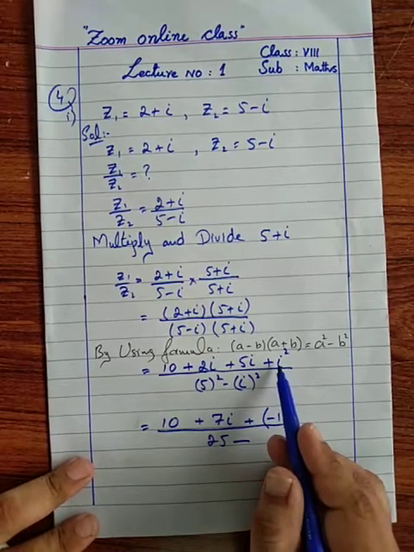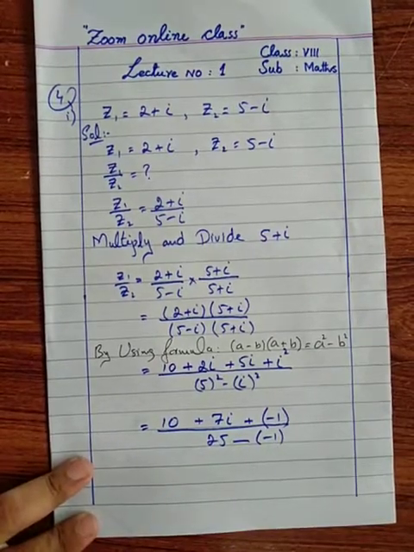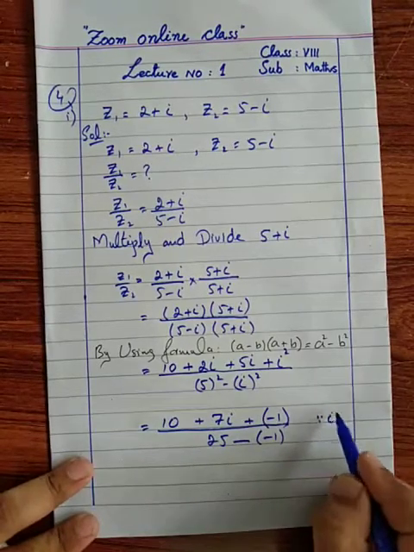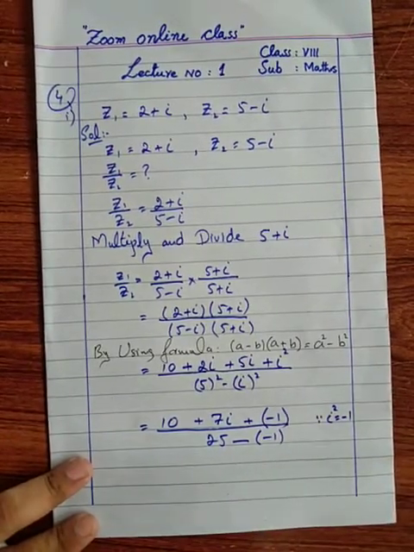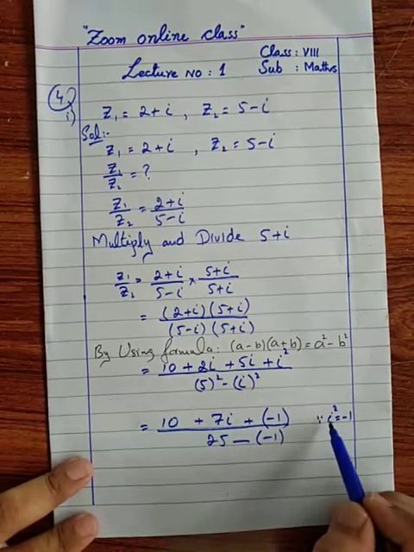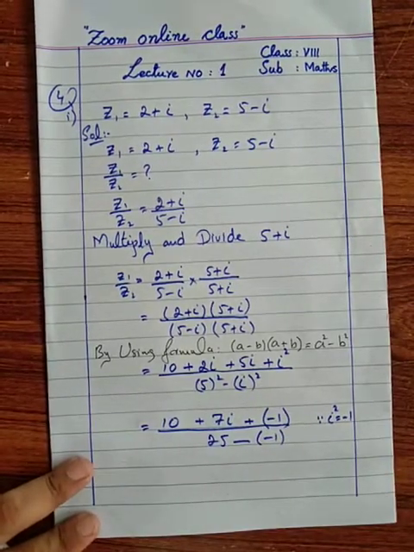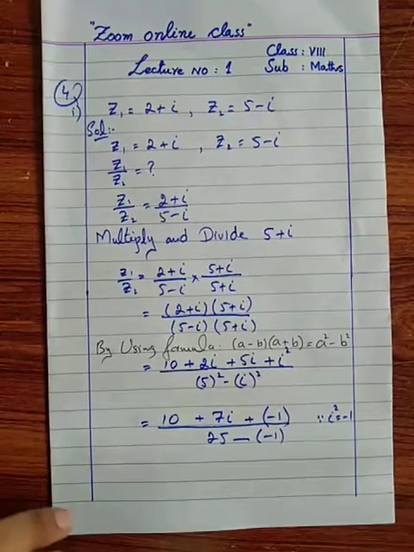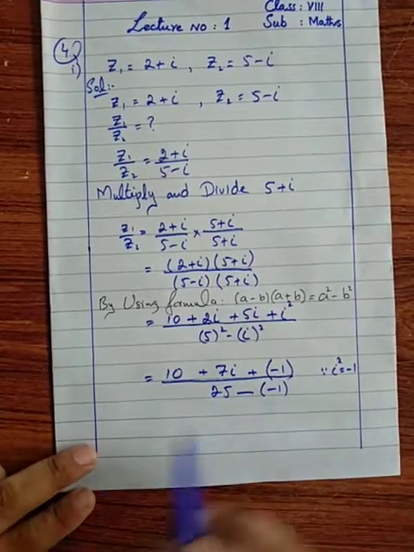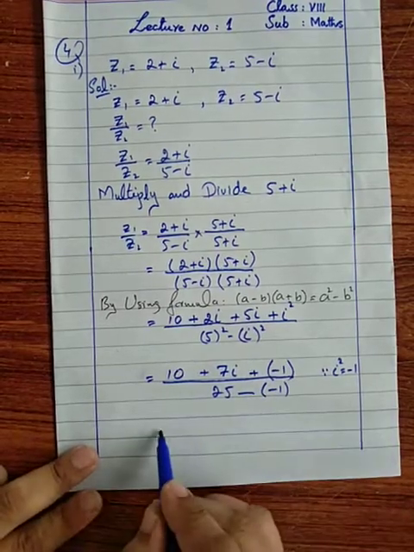So if we replace here the iota square with minus 1, here we also replace the iota square with minus 1, because the value of iota square is minus 1, therefore we replace these two iota squares with minus 1. After it we multiply these signs within a bracket, and outside of the bracket we multiply these two signs.